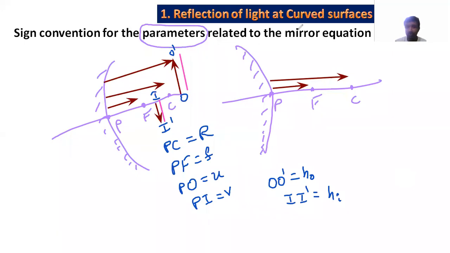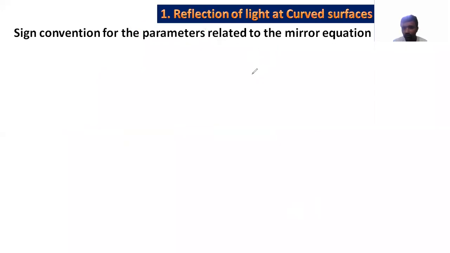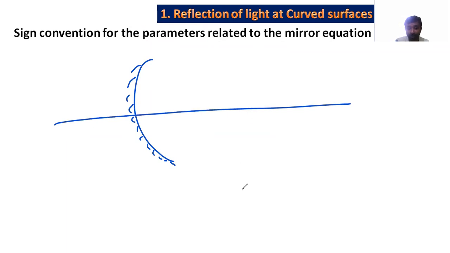Right. So where are they located for a concave mirror, which are fixed irrespective of object or image? For example, for a concave mirror, which are located in front of the mirror.